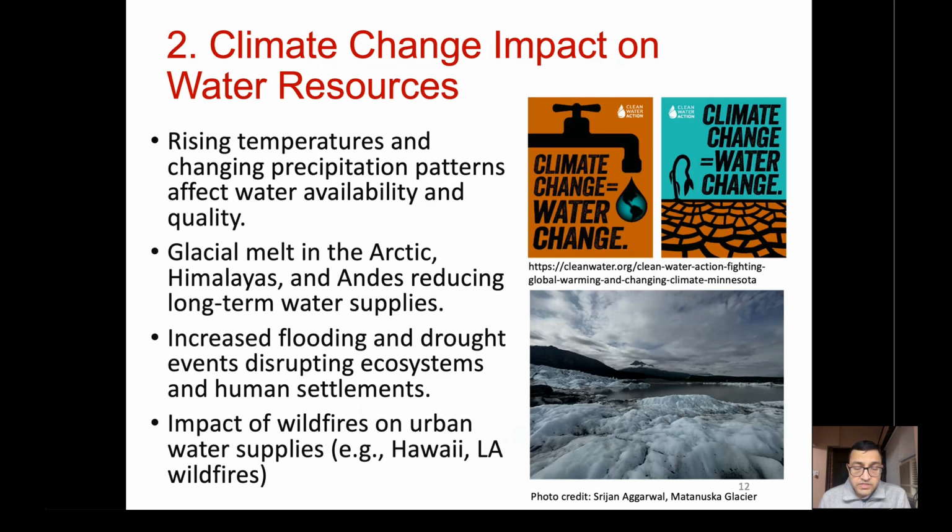And the increasing flooding and drought events disrupt ecosystems and human settlements. And then wildfires, also linked to increasing incidence of climate change, impact urban water supplies. For example, the recent wildfires in Hawaii and LA have had enormous impact on urban water supply and such.